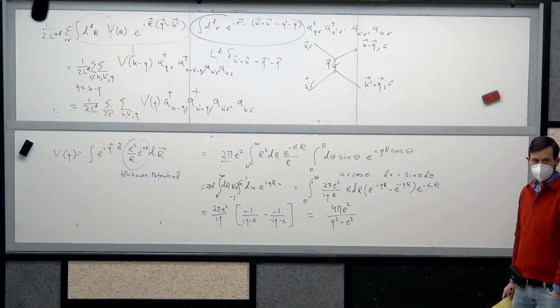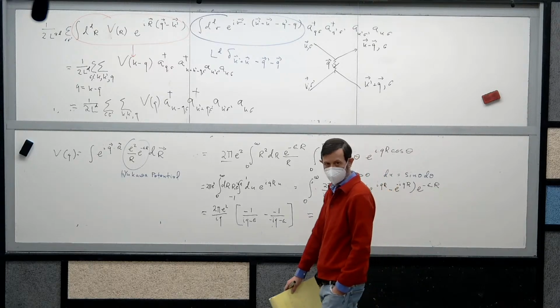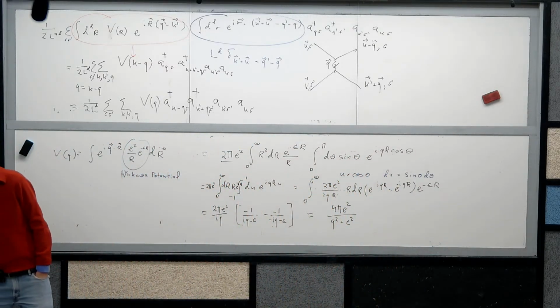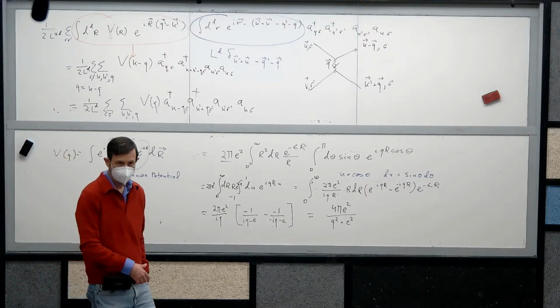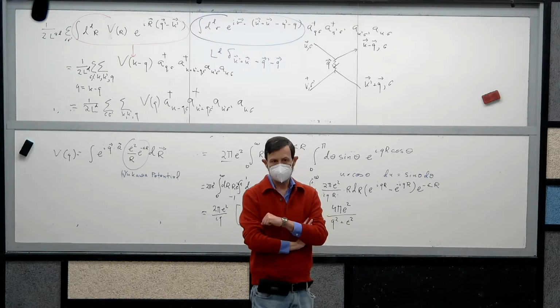and if I take epsilon to 0, I'll have here a catastrophe, because it tells me that the amplitude for q equals 0 is infinity. What is the origin of this catastrophe?